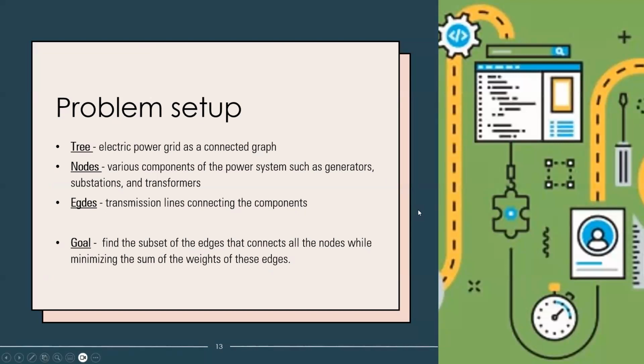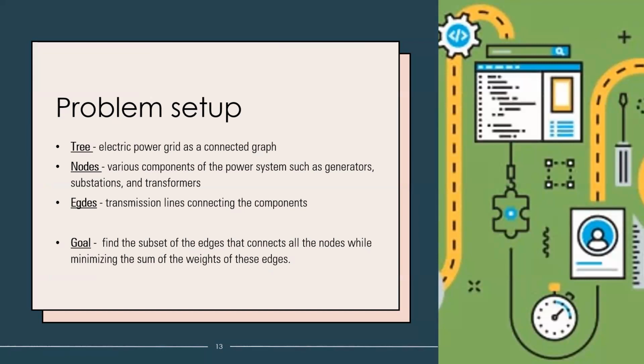So that was about the first question that we had defined earlier, where we answered what algorithms can be applied to our problem. The next question is how we are applying those MST algorithms to solving the power grid problem.